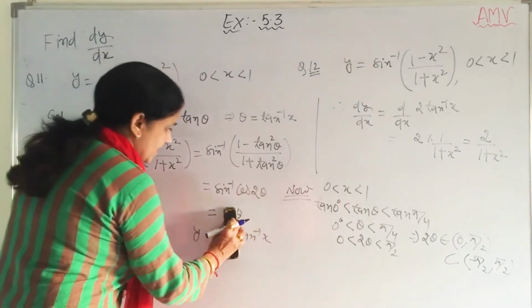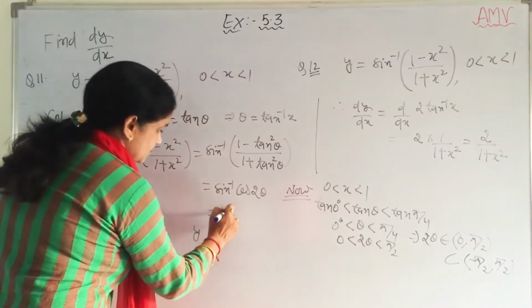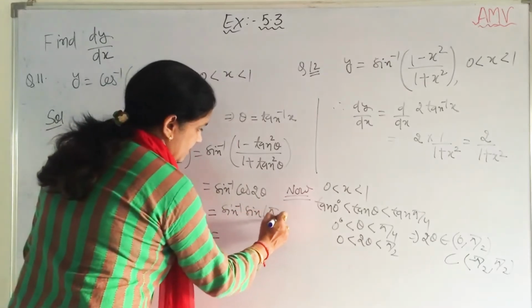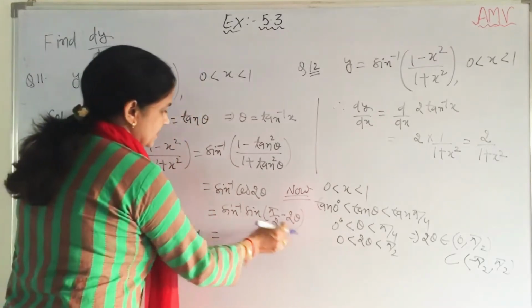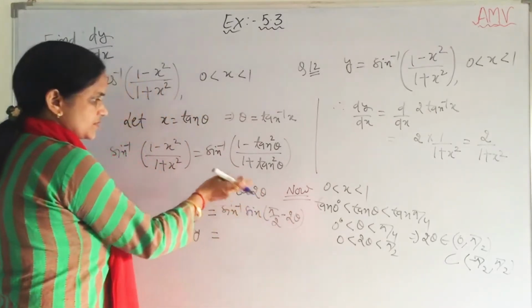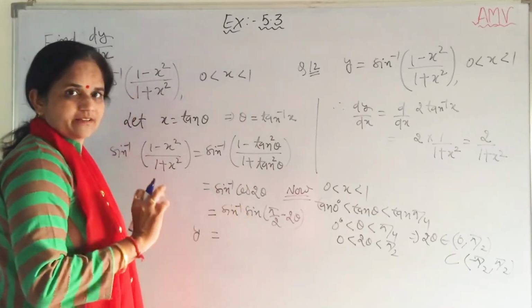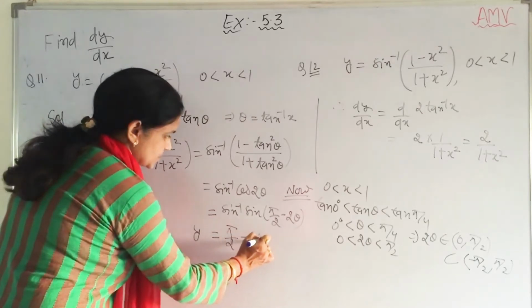And now we have to change cos in sin. So you can write it sin inverse sin (pi by 2 minus 2 theta). Now sin inverse, sin will cancel and here it is pi by 2 minus 2 theta.